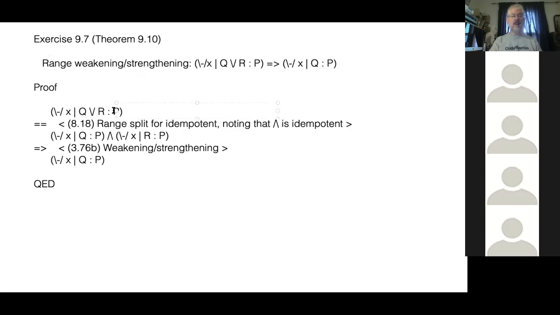P has to have a Boolean value because we're anding up the values of P. We're saying P with one value and P with another value and P with another value, and that only makes sense if the P's are all Booleans. So in this case, we can use 8.18 because P is Boolean.